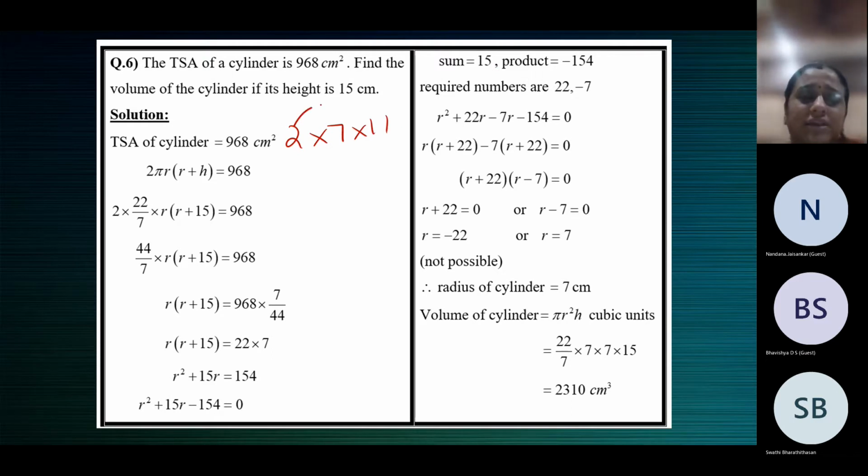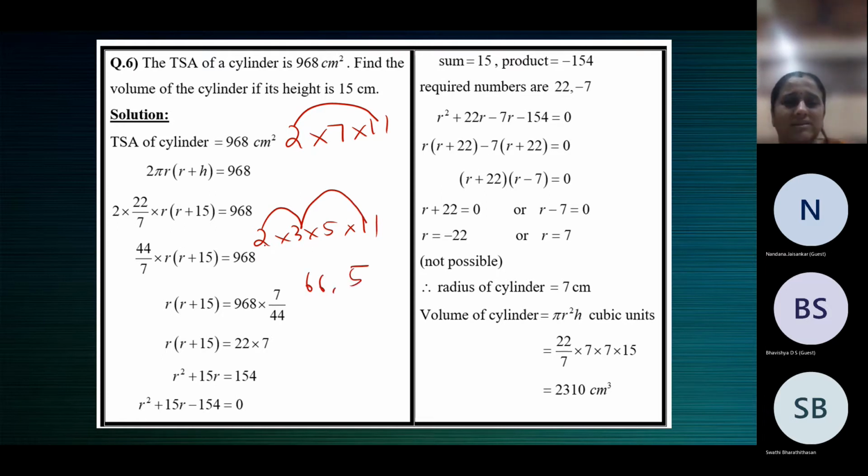What if we multiply these 2 numbers? It's not that you should multiply in the order. Multiply however you want. Supposing you have numbers like 2 into 3 into 5 into 11, you can multiply 2 into 3, 6, 6 into 11, 66 and 5. There is nothing like you should multiply in the order.